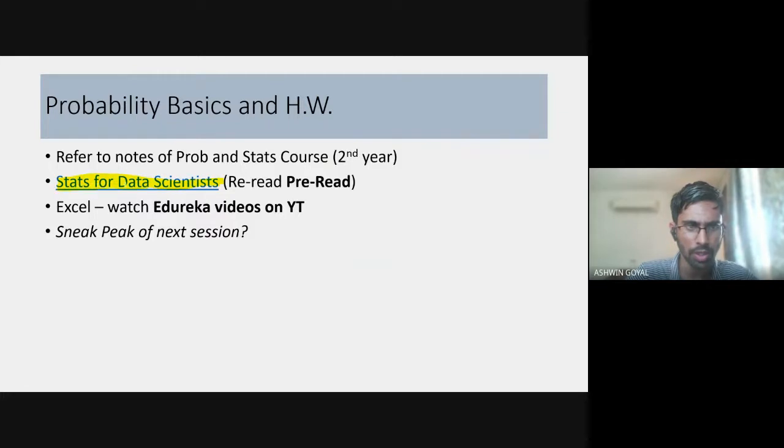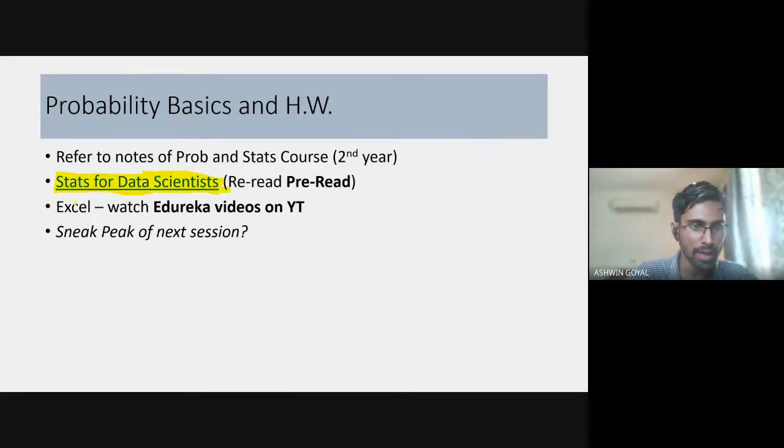I'll probably put a link in the description, right? And once you've read this pre-read, you can also start exploring stats further through some online courses, which can be on Udemy, Coursera, or you can learn stats through YouTube as well. And of course, there are very good blogs on Towards Data Science that can help you understand statistical concepts in detail.